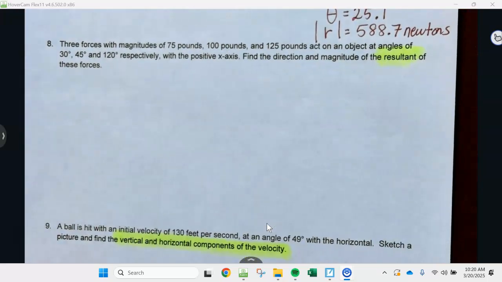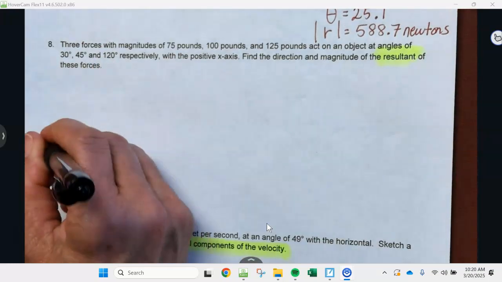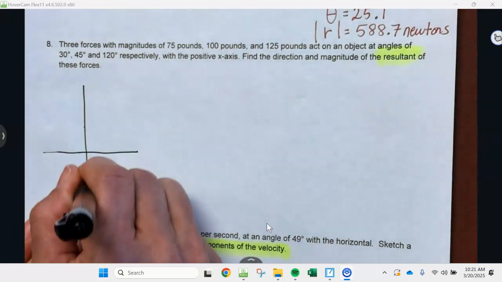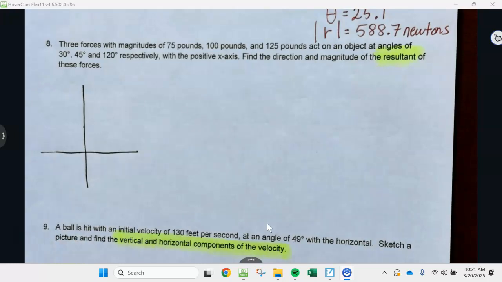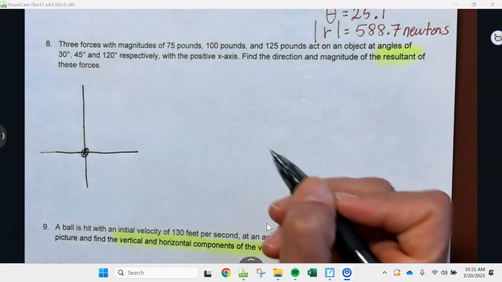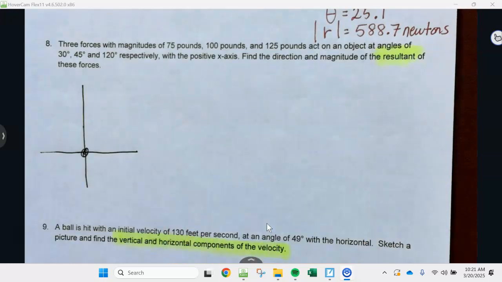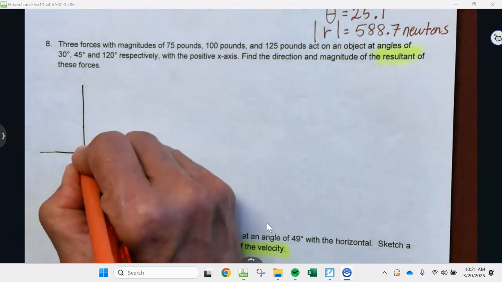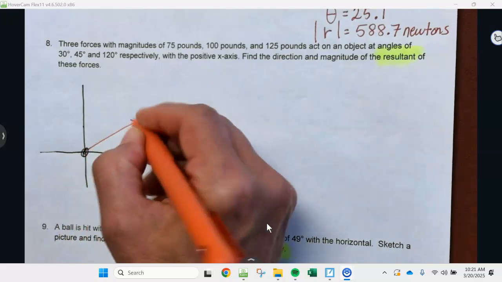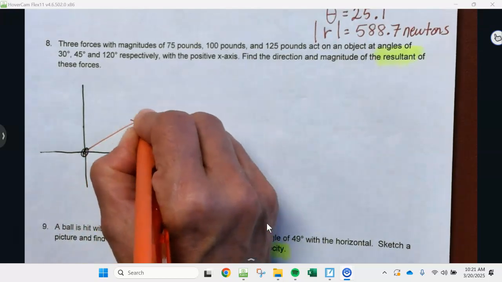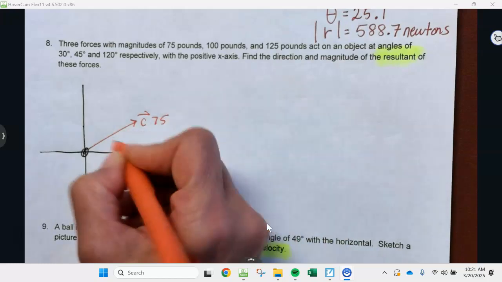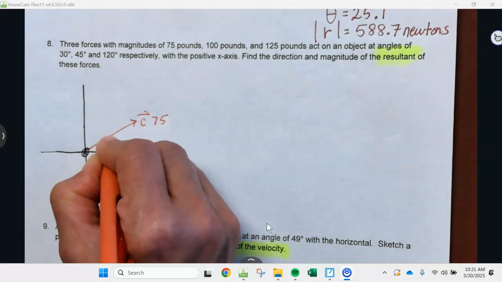Let me draw a diagram for this. We do have 120 degrees, so I'm going to make sure that I save room for quadrant 2. All right, here's my object right there, the origin. 75 pounds. We're going to call this one vector C, and that's at 30 degrees.